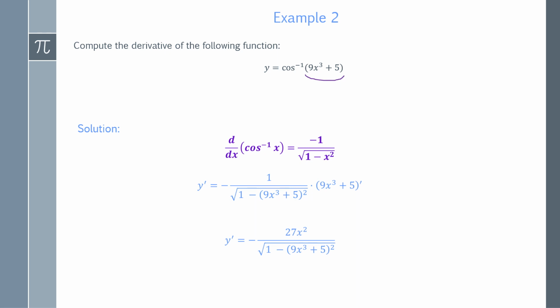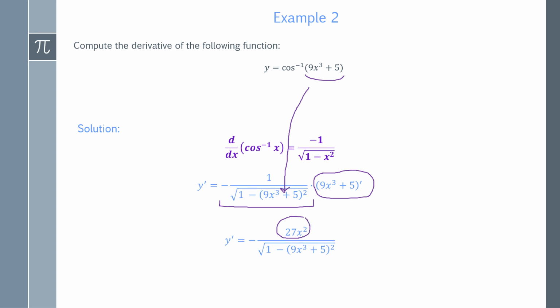So the first step is to apply the formula over here. And notice that I plug in the argument everywhere I see x in the formula, then times the derivative of the argument. Okay, once again, the derivative here is easy to compute, so that is 27x squared plus 0. That's where this expression comes from.